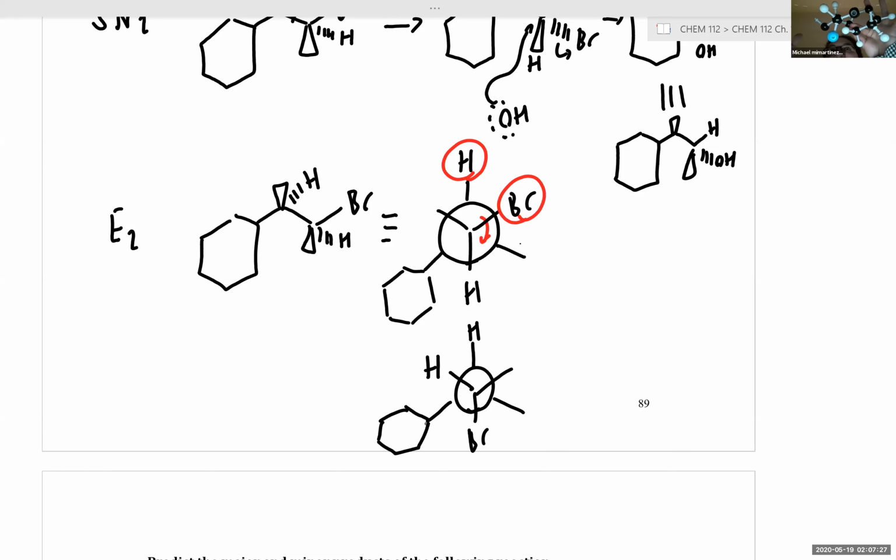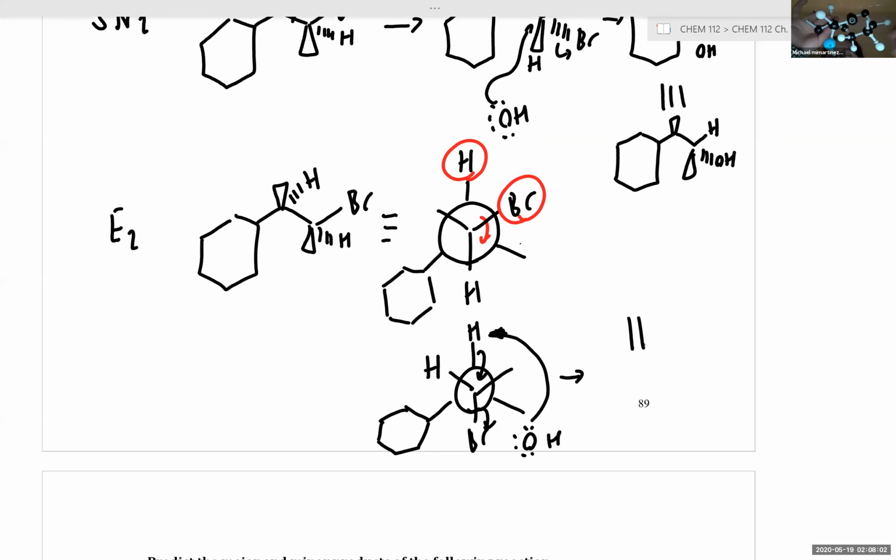Now, after elimination, what groups will we have on the right? What's on the right in this picture? So what's on the right of our alkene? So what groups do we see on the right? We have a methyl, yeah.